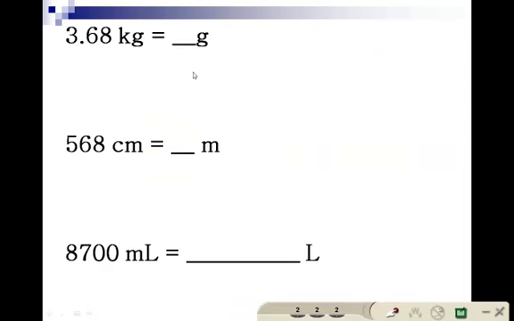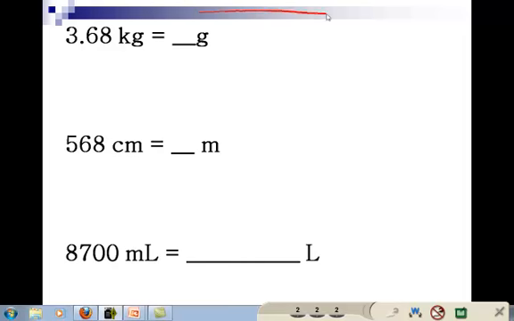Okay, now let's look at these different conversions here. I'm going to draw my number line up here again just because I want to show it to you. Basic unit. And then I have my lines coming off like this, and I'll put some over this way. You're going to have to memorize this, so you won't be able to have it on your test.